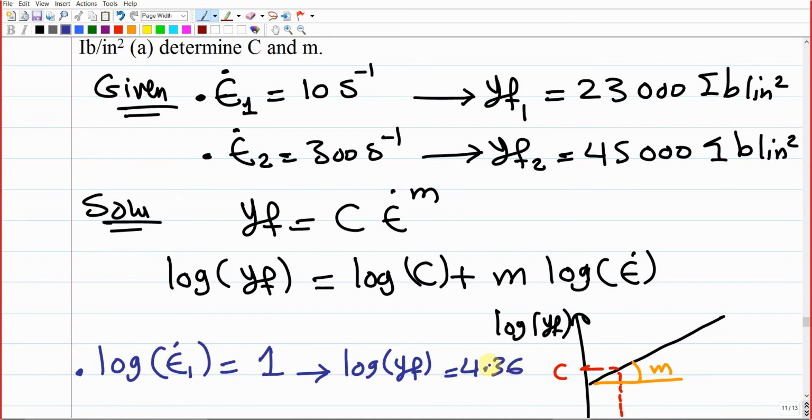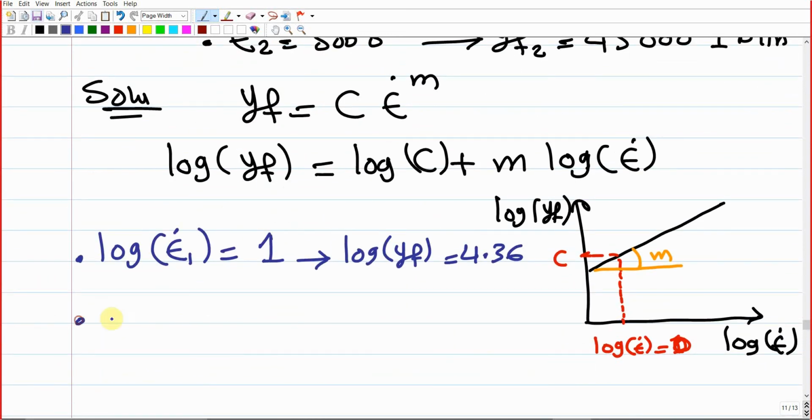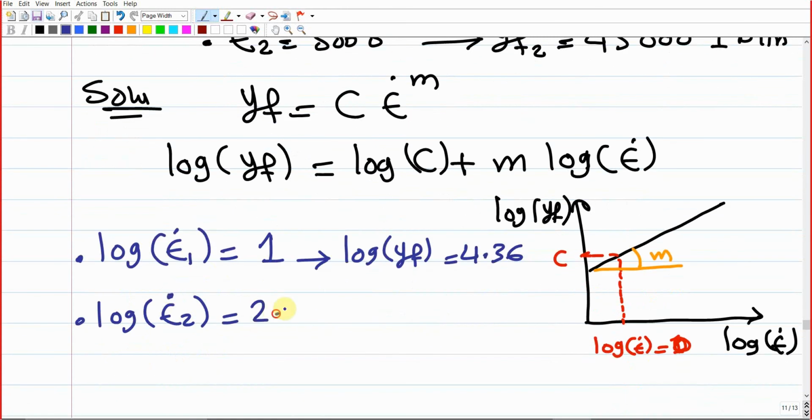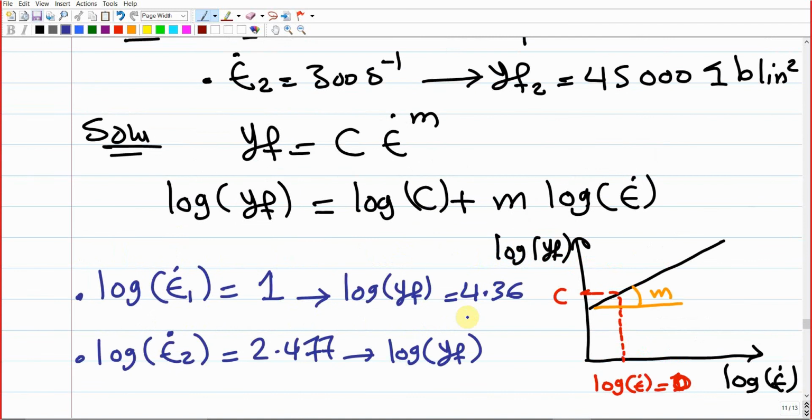This is going to give us 4.36, right? And also calculate the second data, which is log epsilon 2 dot, the log of 300, which gives 2.477. This corresponds to log of the YF, which equals the log of 45,000.